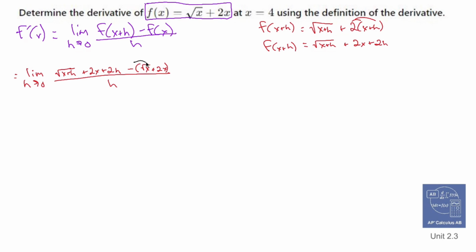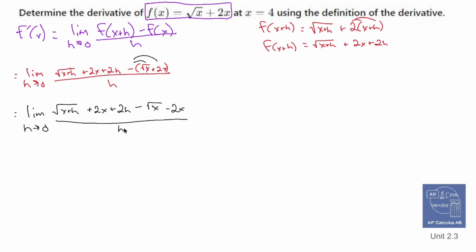First off, we can distribute that negative right there. And we get the limit as h approaches 0 of, nothing changes yet, root x plus h plus 2x plus 2h, but then we can do minus root x minus 2x, and that's all over h.